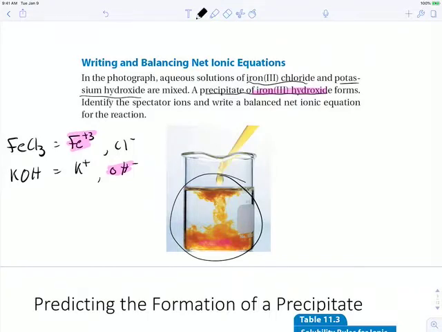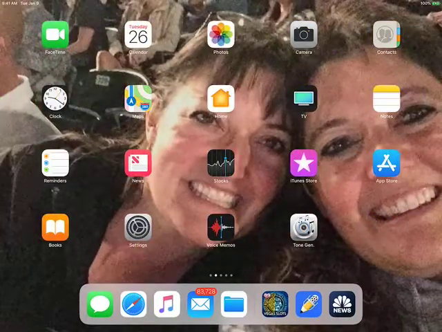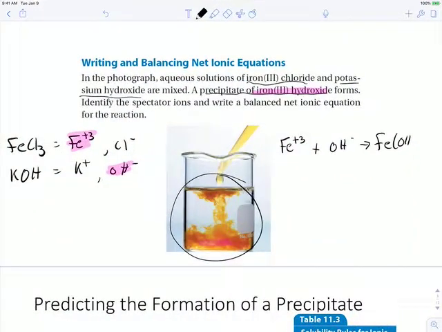So when we do a net ionic equation, we're going to take our iron 3 plus hydroxide, and we're going to combine it to show that it forms a precipitate of Fe(OH)3.